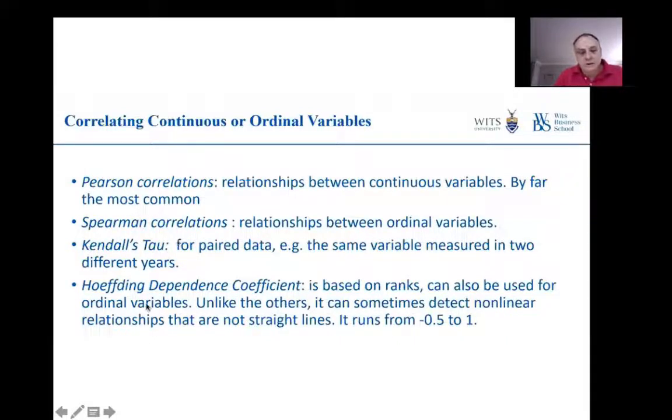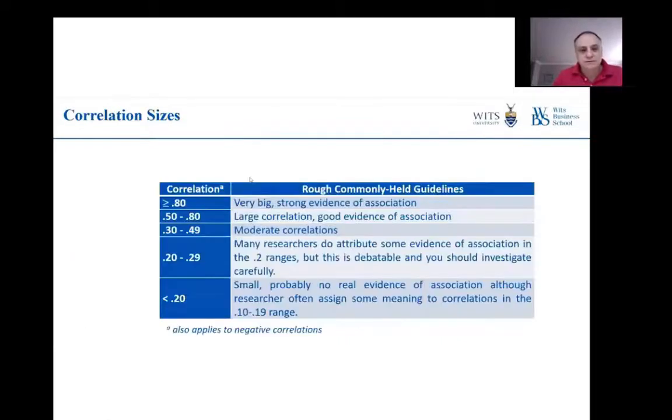The rest of them are important to know that they exist, but it's beyond the scope of this course. Your correlation sizes, here's a guideline. Generally, if we have a correlation of less than 0.2, then it doesn't show a correlation. Now, if we had something between 0.2 and 0.29, generally we'd look at this and say, that doesn't look great.